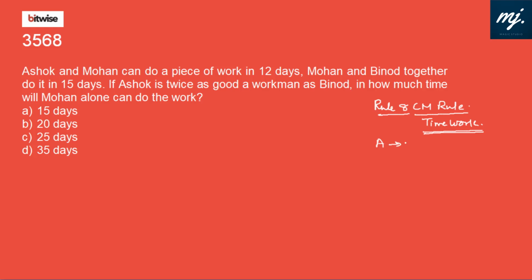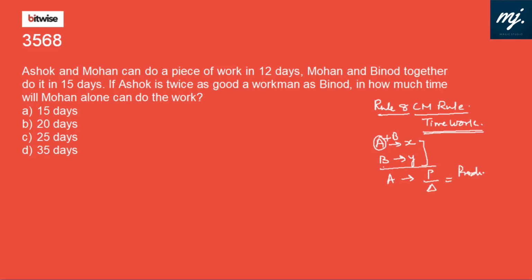Simply, A can complete a piece of work in X days, B can complete in Y days, or if A plus B can complete in X days and B in Y days, then to find the value of A, we need to subtract these two. The rule of subtraction is simply product by difference.